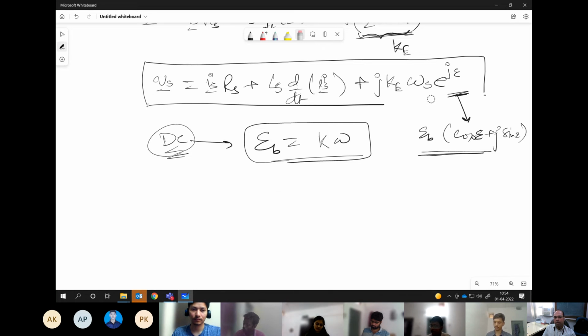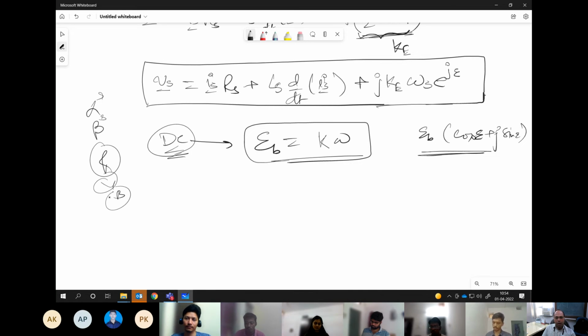So for clarity, this is not a vector, right? This is simply the scalar quantity Ke omega s. This is the unit vector multiplied here. We have vectors Vs and Is over here. So you can expand alpha beta components or RYB components, whatever you want. And then from the property of the magnet, we can compute Ke.